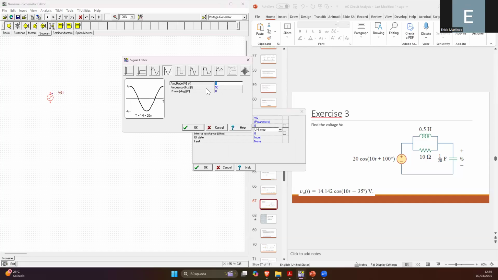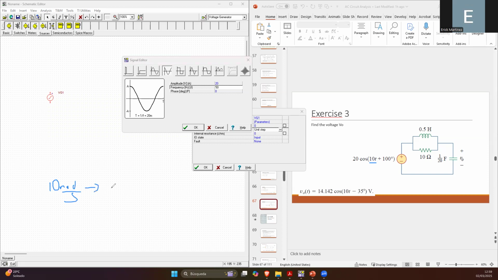For instance, we have the amplitude, which according to the problem is 20. Here we need to be careful because the software is asking us to input the frequency of the circuit in hertz, but remember that the frequency of the sinusoid is expressed in radians per second. Here we have 10, but this 10 is radians per second, so we need to convert this to hertz.